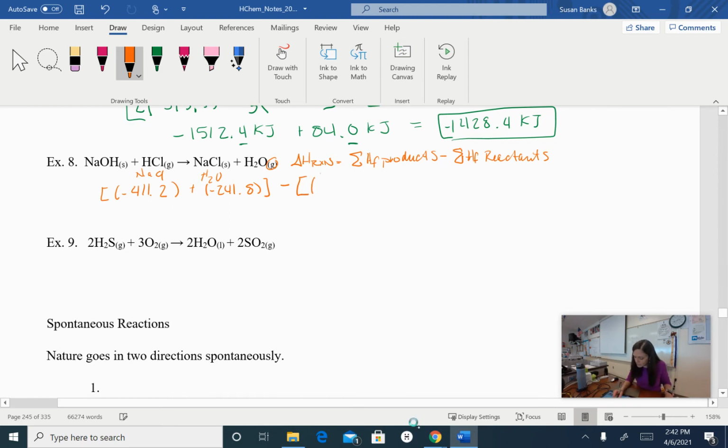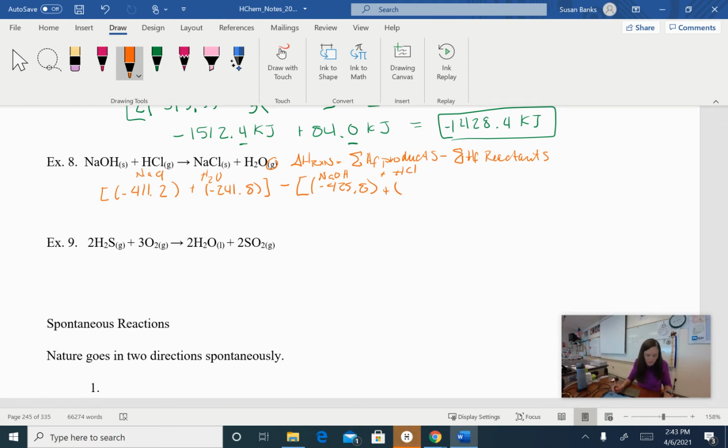I've got sodium hydroxide, which is negative 425.8 kilojoules, and I've got hydrogen chloride, which is negative 167.2 kilojoules. Okay, so when I add this up, I get a negative 653.0.